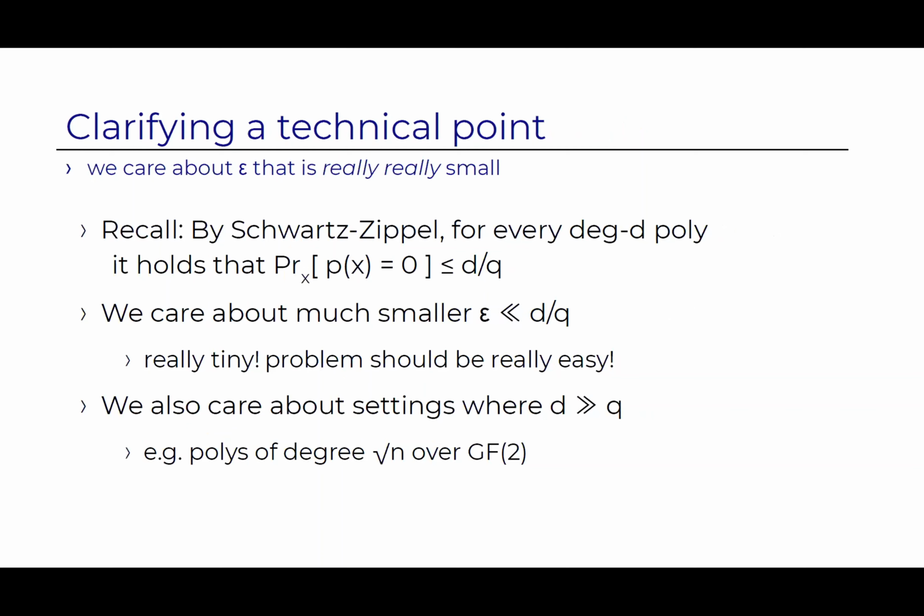A tiny epsilon should be very easy. And second, which is even more important, is that we care about the case where the degree is much larger than the field. For example, as we mentioned at the beginning, the field is a binary field and the degree is square root n, in which case there are a lot of polynomials with small non-zero set, but we discard them. We only want to hit those degree d polynomials that vanish rarely.